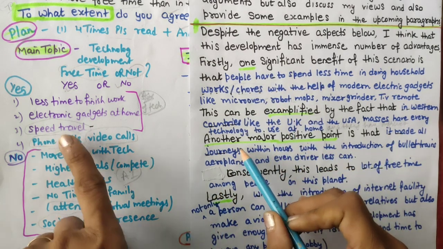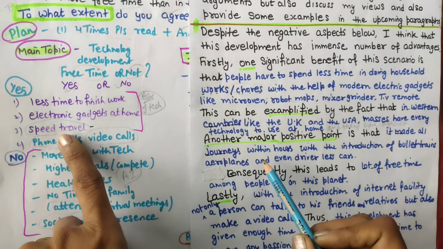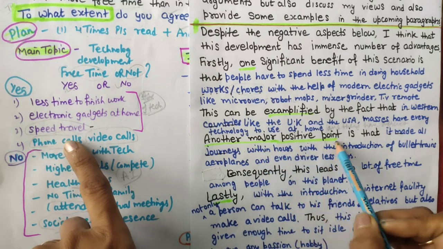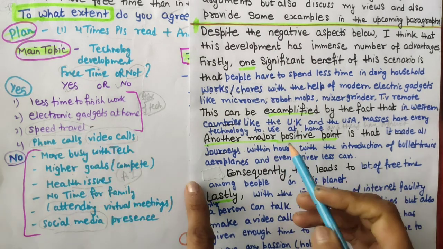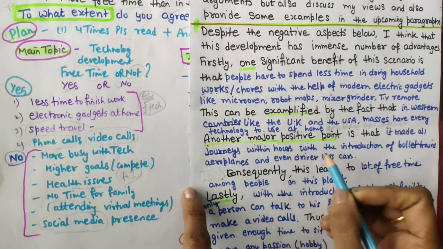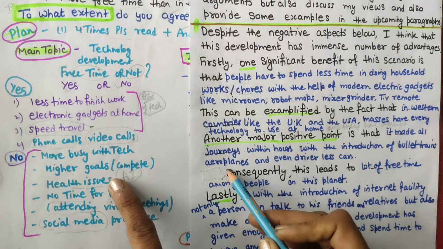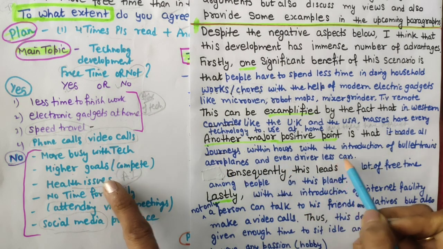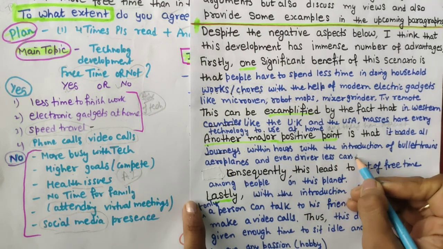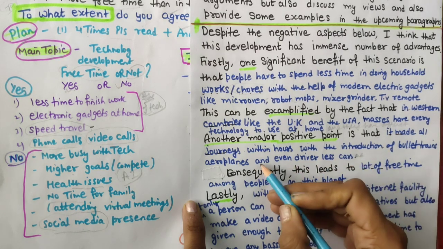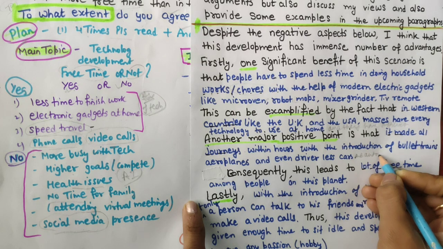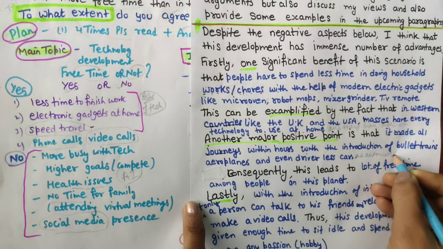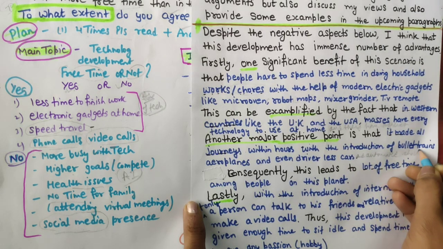Now another point, see this. Now we will talk about this. Another major positive is that it made all journeys within hours, with the introduction of bullet trains, aeroplanes and even driverless cars and automated vehicles. Here we can remove and then automated vehicles.